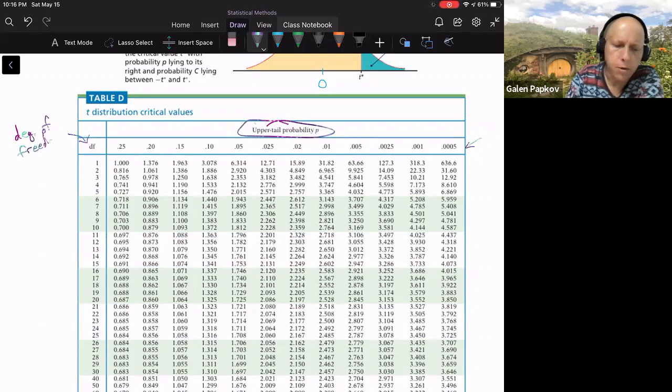For now, those degrees of freedom are going to simply come from n minus 1, so one less than your sample size. And the body, where you can see many values are above 1, those aren't probabilities, those are your t-scores or t-values.